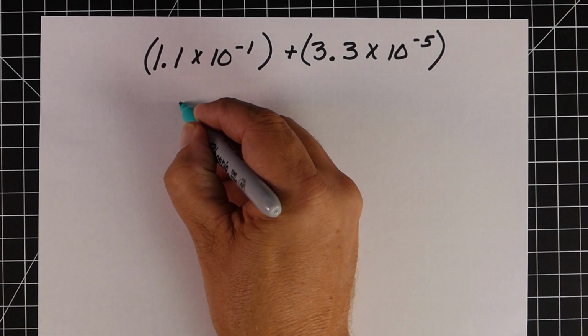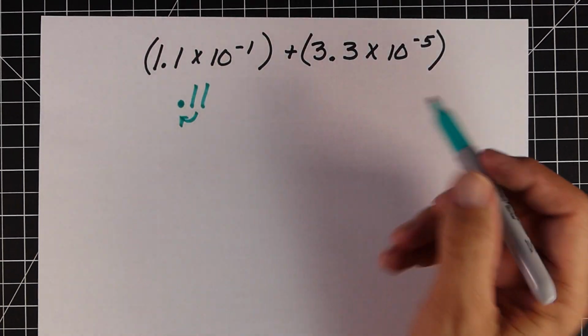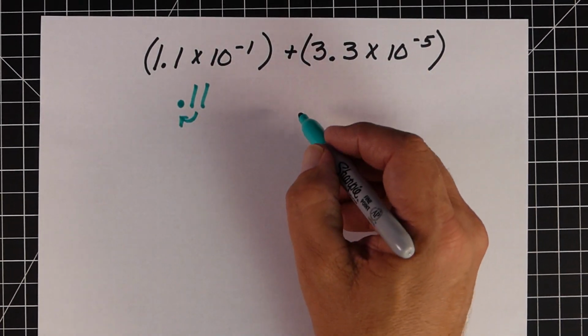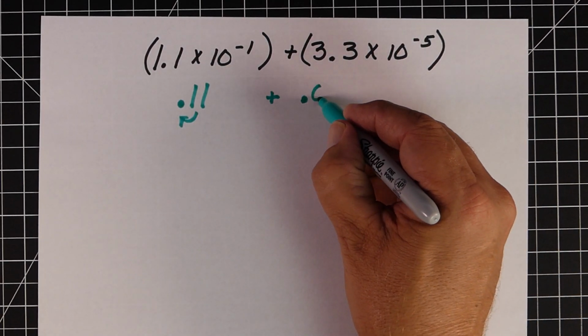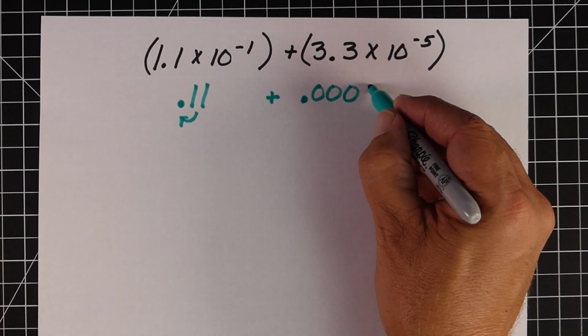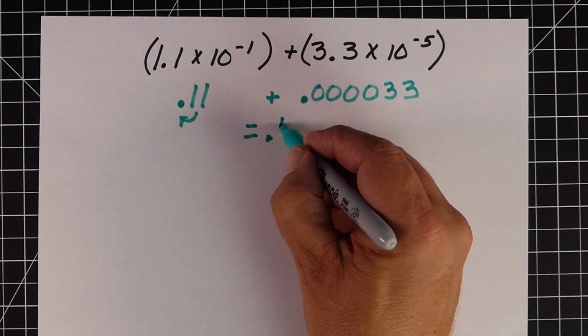Example number 5. So in this one we have again 2 negatives. Again, you can write it in standard form. So 1.1 times 10 to the negative first would be 0.11. 3.3 times 10 to the negative fifth is going to be point, and then there's going to be 4 zeros and then the 2 3s.